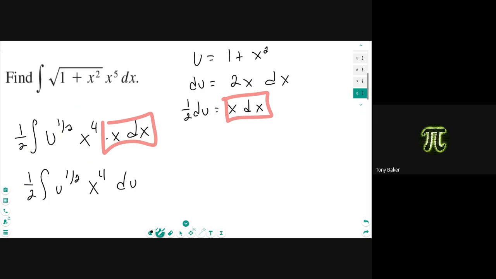Look at the other stuff that I have in my problem. What else on this screen of the things that we did might be able to help me get rid of that x to the fourth, and put it in terms of u?